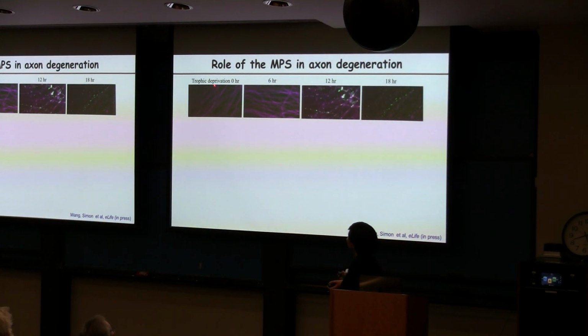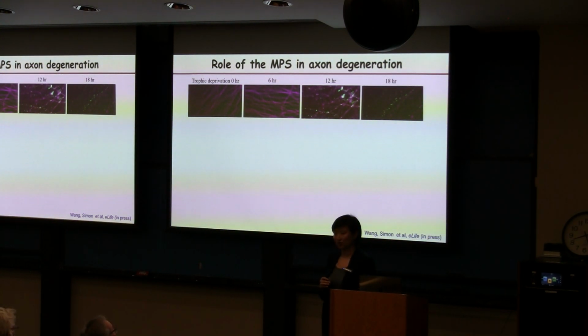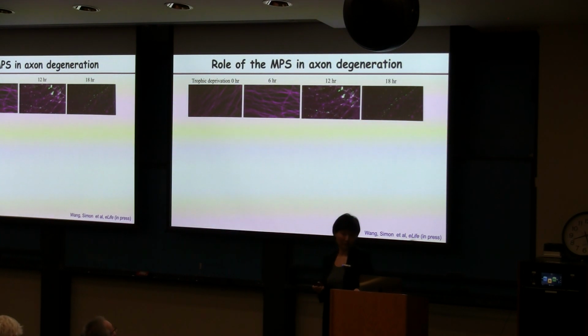So here is a neurotrophin deprivation to show you that once you remove neurotrophin, over time you can see the axon degeneration. And Mark's lab has figured out that this requires both retrograde signaling from the axon to the cell body, a transcriptional response, and then anterograde signaling from the cell body to the axon, and so on.